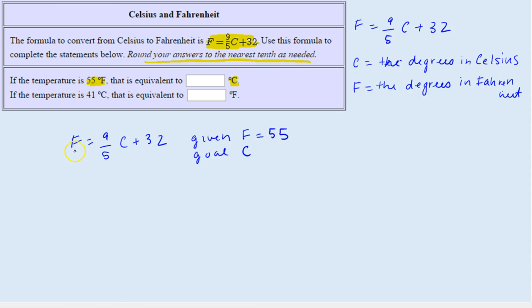So let's replace the F in Fahrenheit with a given value of 55. 55 equals 9/5 Celsius plus 32.